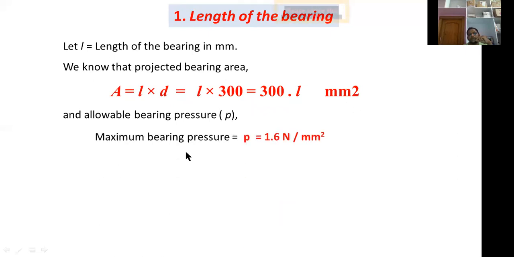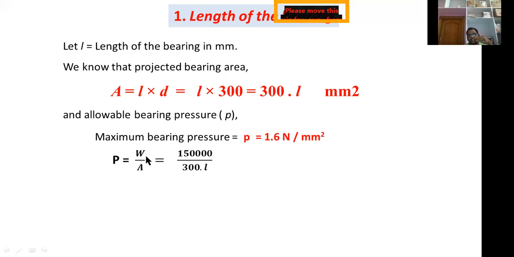Now, in the given data we know the value of bearing pressure P equal to 1.6 Newton per mm square. By using this bearing pressure, you have to find the value of length L. So already we know that bearing pressure P equal to load by area.